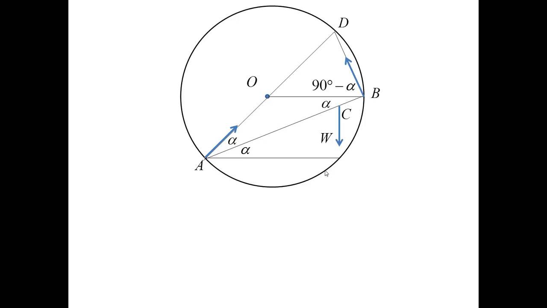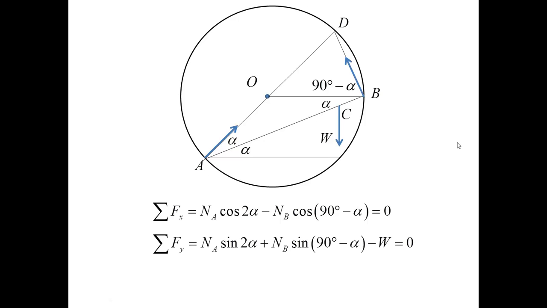Now it is clear that all the forces involved can be easily projected on the horizontal and vertical axis. For the sum of the forces on X, the projection of NA is dictated by the angle 2 alpha, the projection of the force NB by the angle 90 degrees minus alpha.